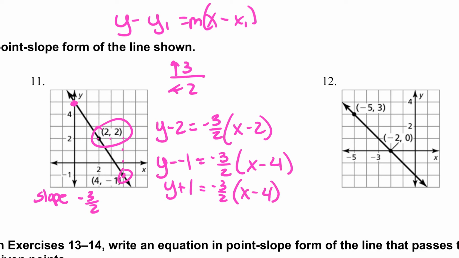Or you could have chosen this point, which is actually 0, 4. And you could have gotten y minus 4 is equal to negative 3 over 2 times x plus 0. Any of those points would work, or line equations would work, because they're all talking about the exact same line.